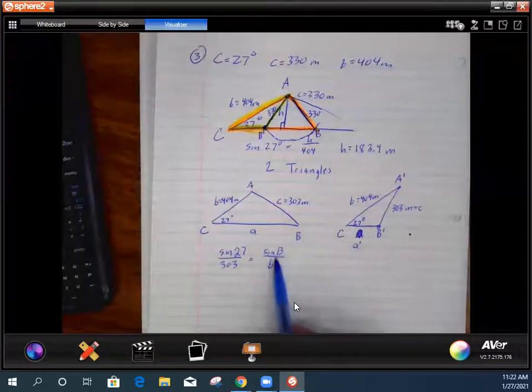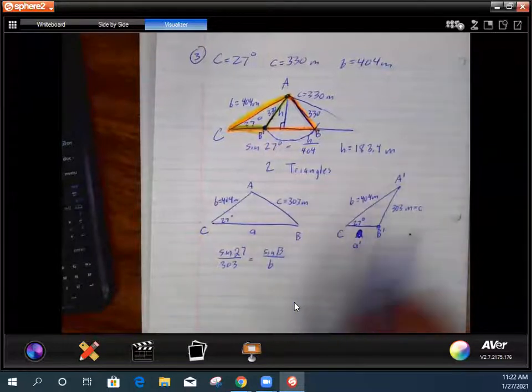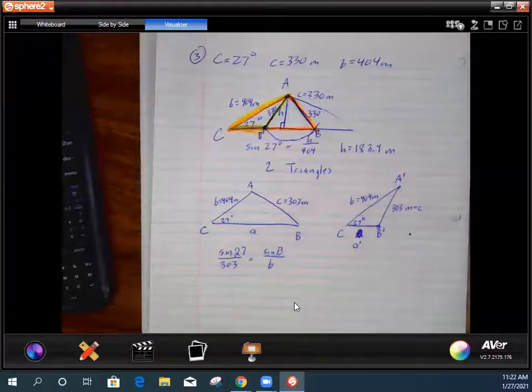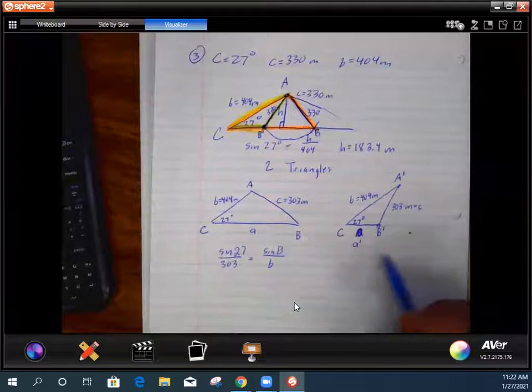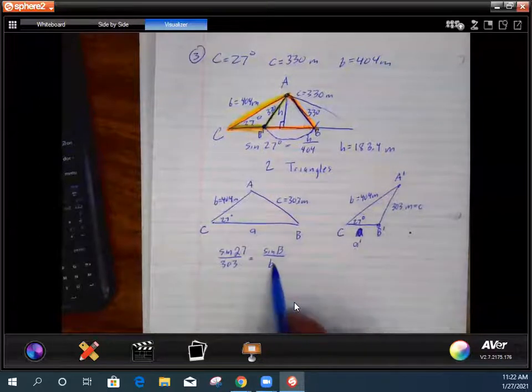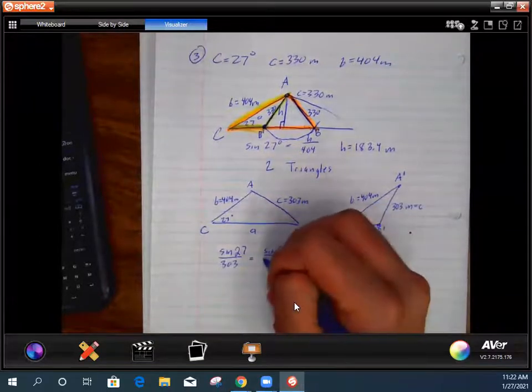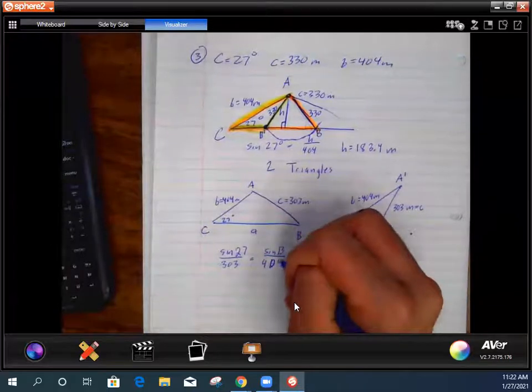And I know that when I do the sine inverse of any ratio, it's only going to give me angles between 90 and negative 90. So as long as sine of B equals a positive number, meaning quadrant 1 where sine is positive, I'll get that acute angle. All right, and then I put B here. I should have put 404 because I know what that is. So I'm going to fix that.